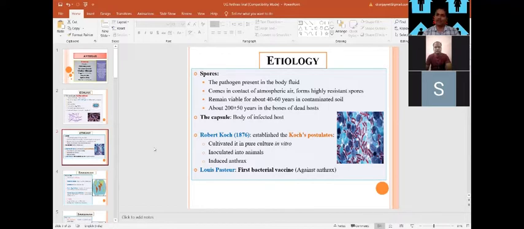According to these postulates, which I have told you about in epidemiology, the organism must be isolated in pure culture from the disease, and should not be associated with saprophytic conditions or other diseases as an opportunistic agent. After several passages, it retains its virulence, meaning the ability to produce symptoms in hosts. This organism also provided the basis of the first bacterial vaccine, against anthrax, by Louis Pasteur.